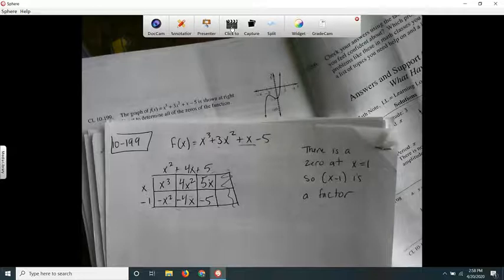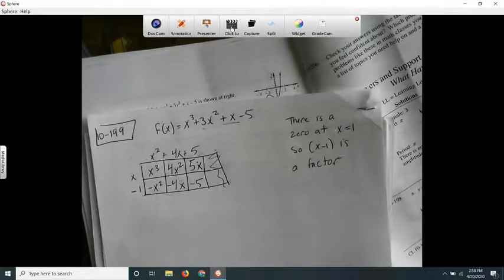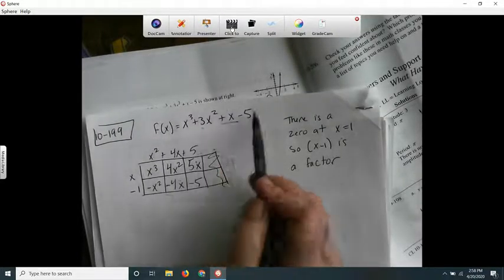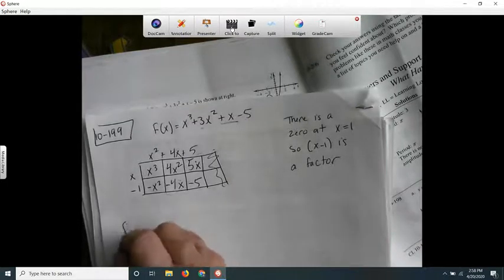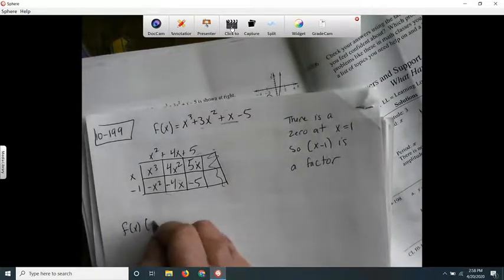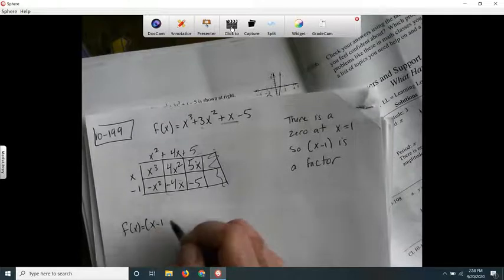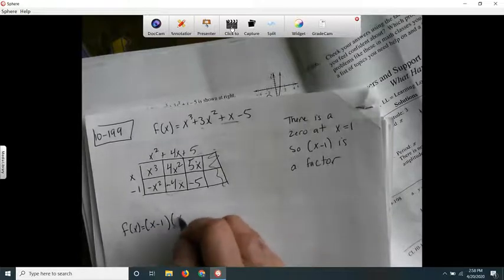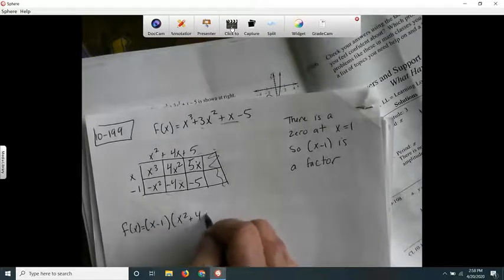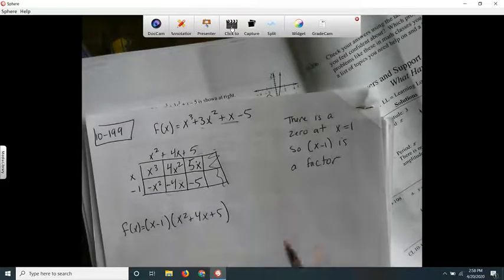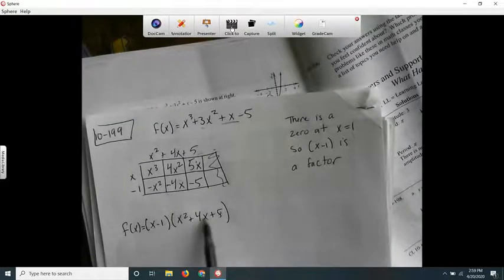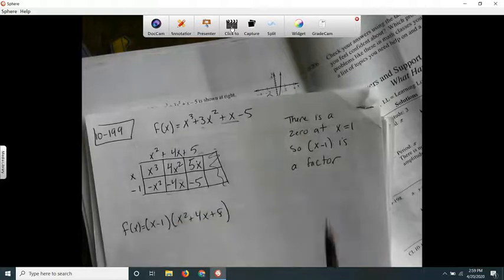So that tells me that this cubic could be written like this, because if I multiplied that back out again, I'd get that cubic.